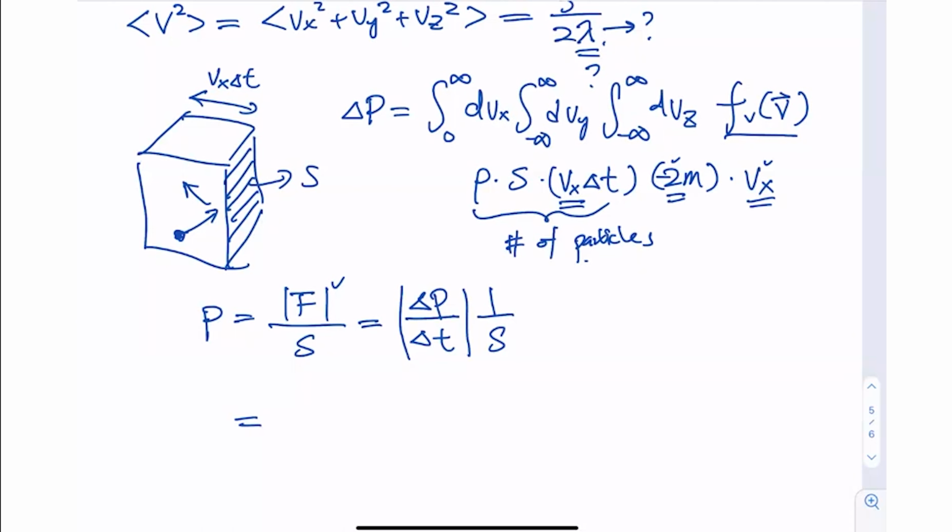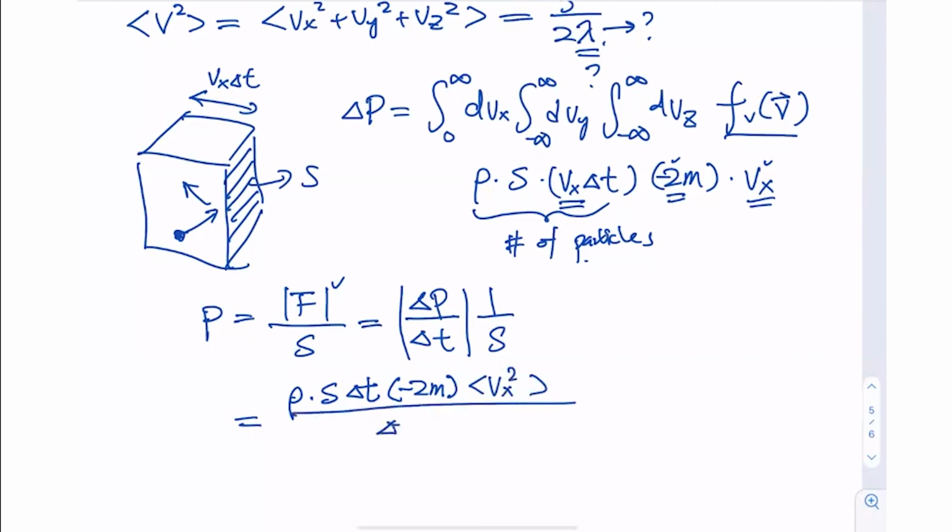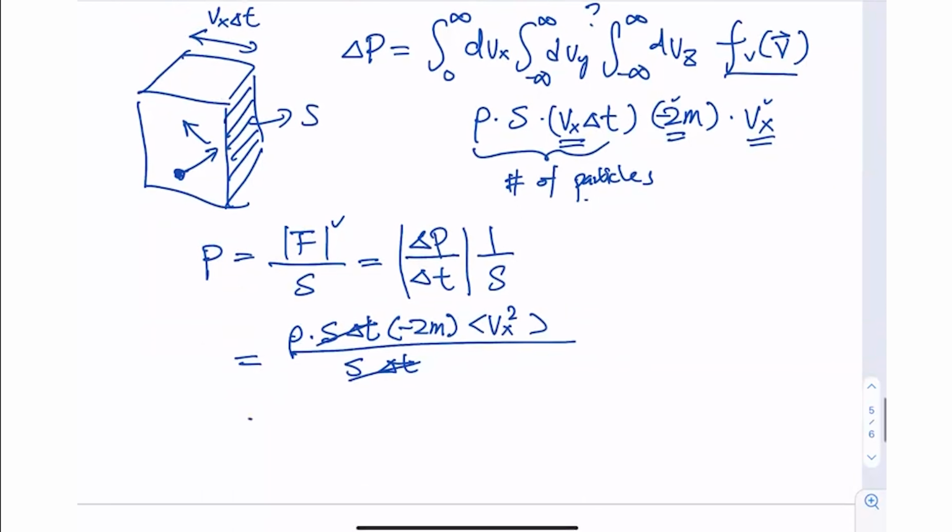So eventually we have rho S delta t times minus 2m times Vx squared divided by delta t and S. And S and delta t can be eliminated, and we will get, also I need to take the absolute value of this thing. So I will get rho times 2m divided by 2 lambda.